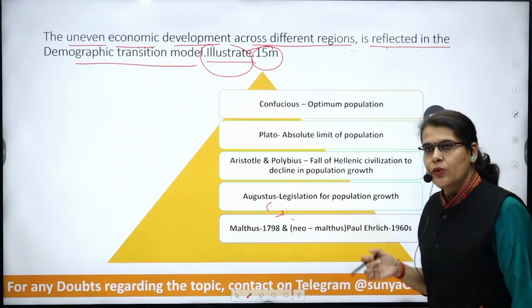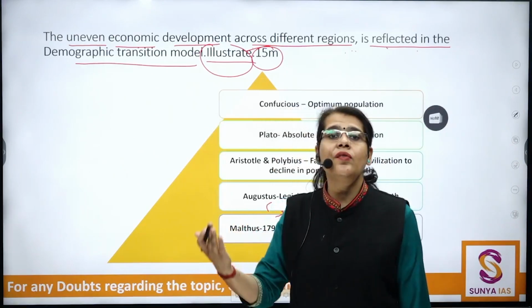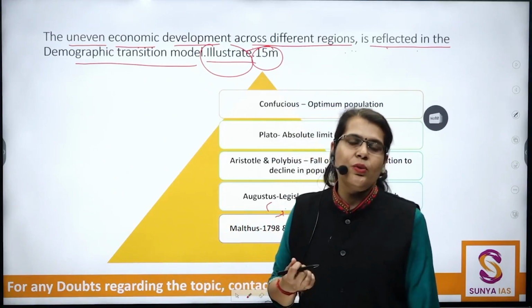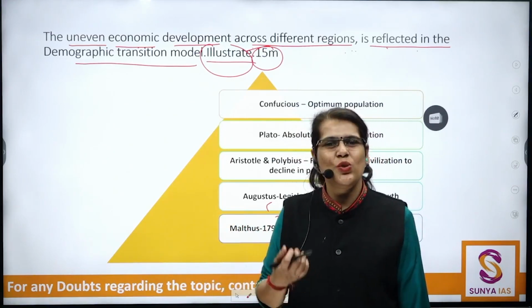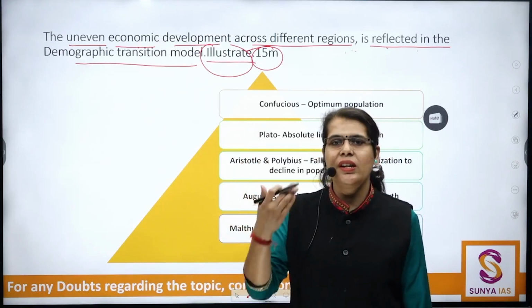Whenever you are writing a geography optional answer, my suggestion is to have a list of names of thinkers, and because the questions are on models, you must have a summary of some models which you can interlink.